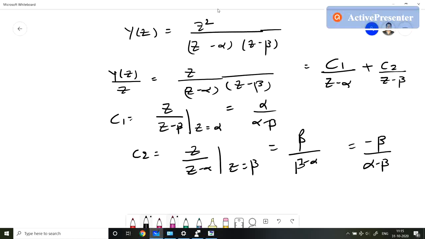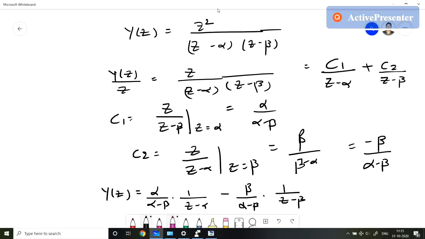Now Y(z) is written as, putting the values of c1 and c2, alpha divided by alpha minus beta into 1 divided by z minus alpha, minus beta divided by alpha minus beta into 1 divided by z minus beta. So this is Y(z), and what is the ROC?